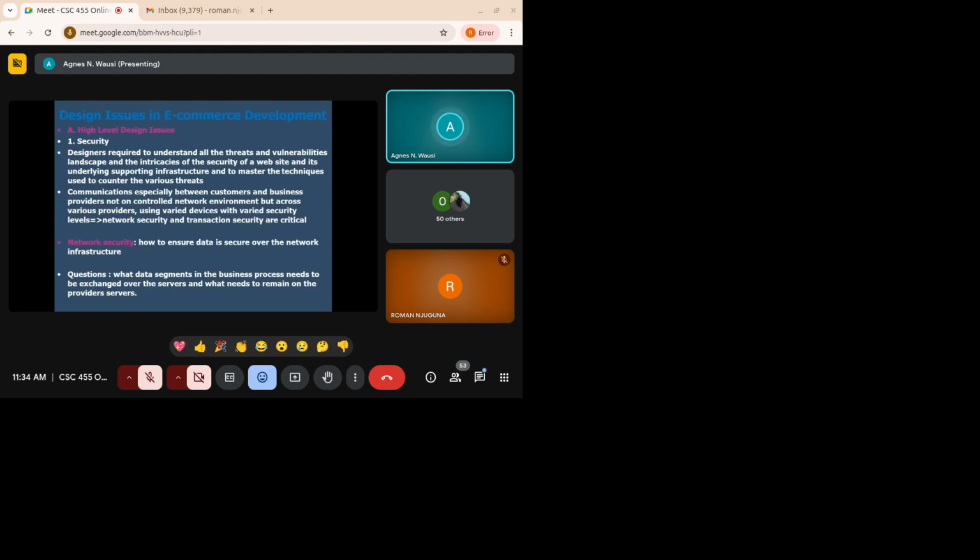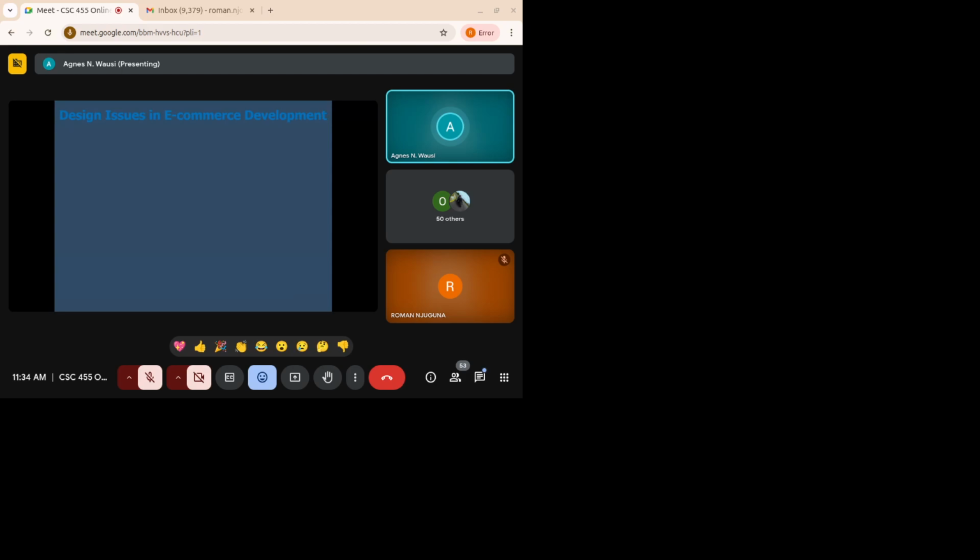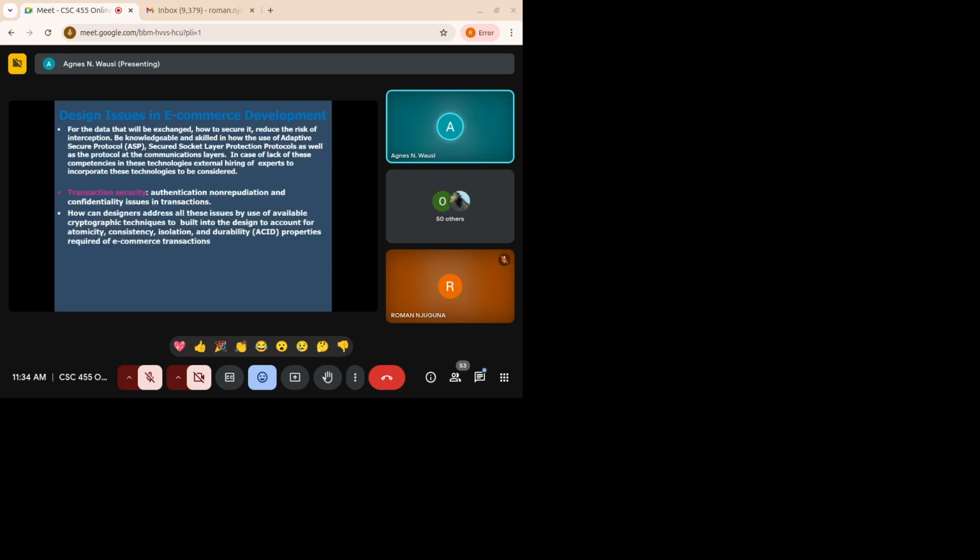In terms of these security aspects, you're asking yourself what data in that business process needs to be exchanged and what does not really need to be exchanged. Once you understand what needs to be exchanged, it becomes easier for you to apply mechanisms that you are aware of.